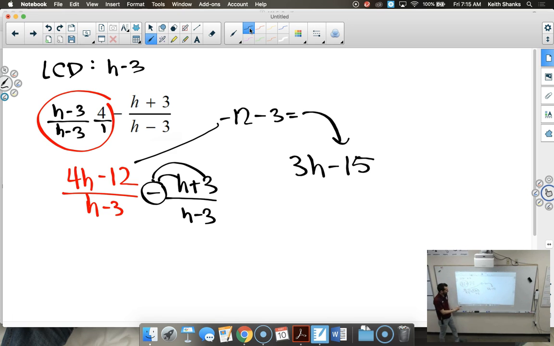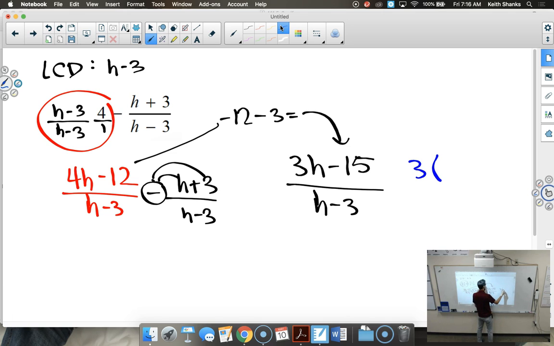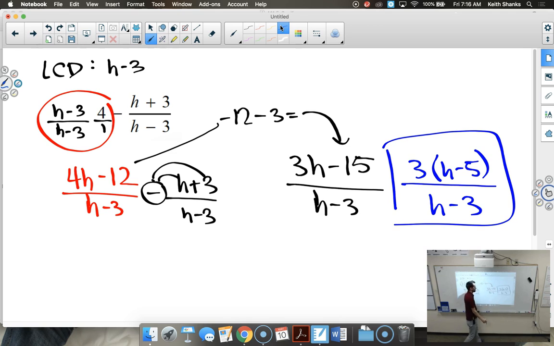I just want you to see how we get that, and then this is over h minus 3. Okay, the top I could simplify. There's a 3 that goes into both of those, so I have 3h minus 5 over h minus 3. And that would be my final answer. All right? So you break it down again as much as you can, simplify, and you get your answer.